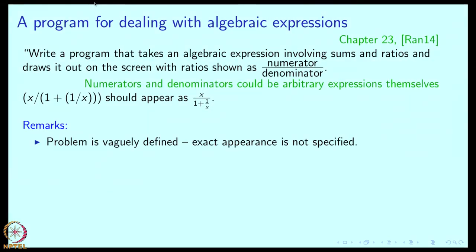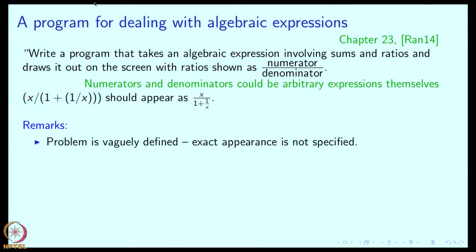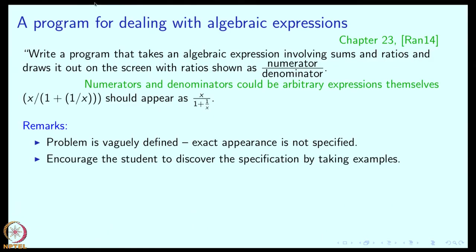Now, the problem as such, if you give it exactly as I have given it over here, and that is how you should give it, is somewhat vaguely defined. We have not specified exactly how the formulae should appear, and there is some artistic freedom that you really want students to discover.